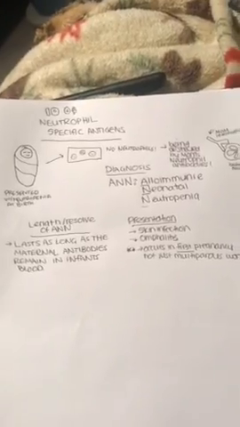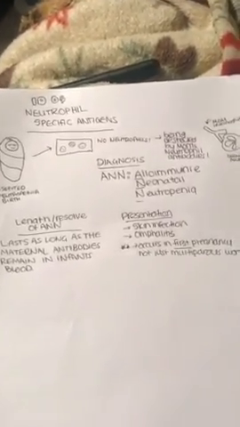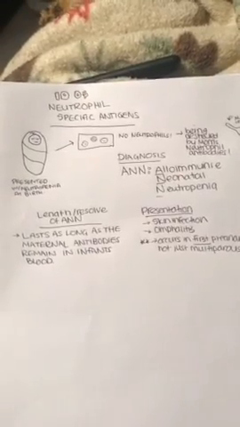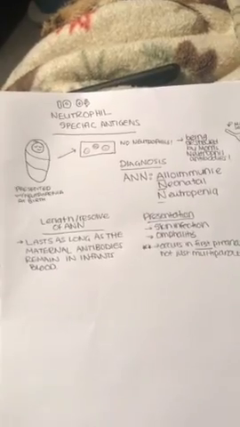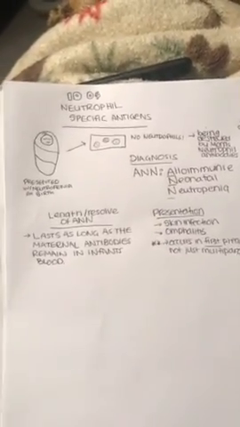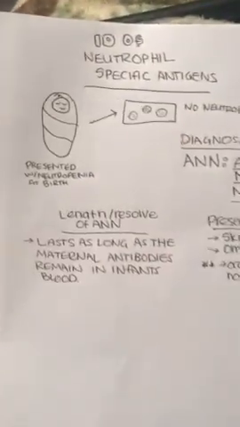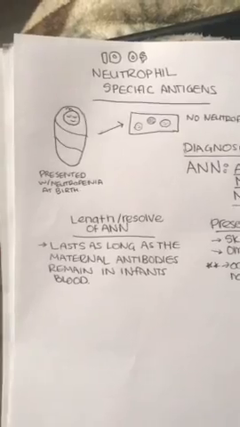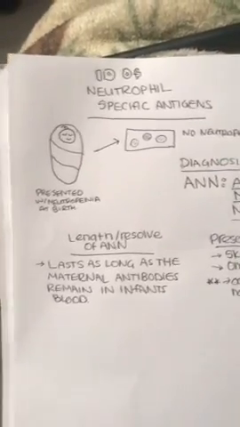Identification of neutrophil-specific antigens is the focus of this article. It starts by talking about four infants that this team followed. The first infant died of sepsis, and the three other infants presented with severe neutropenia at birth.